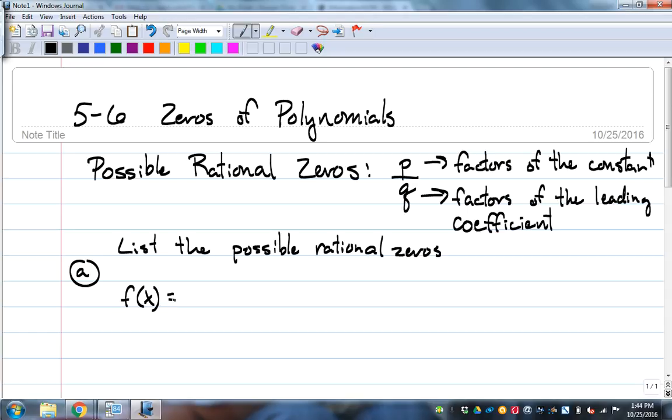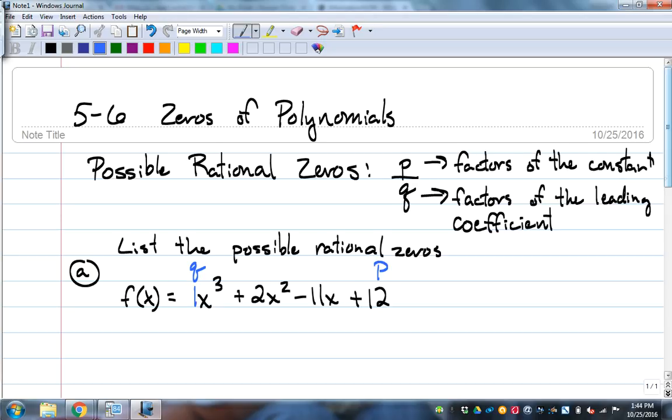F of x is equal to x to the third power plus 2x squared minus 11x plus 12. Now what's in front of x cubed? It's a 1. There's nothing there. Okay, that 12 on the end is our P. Q is 1.